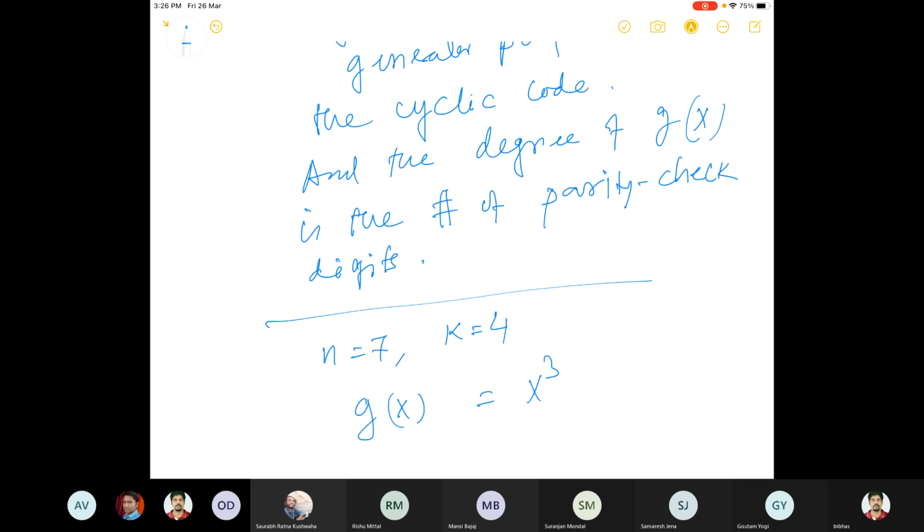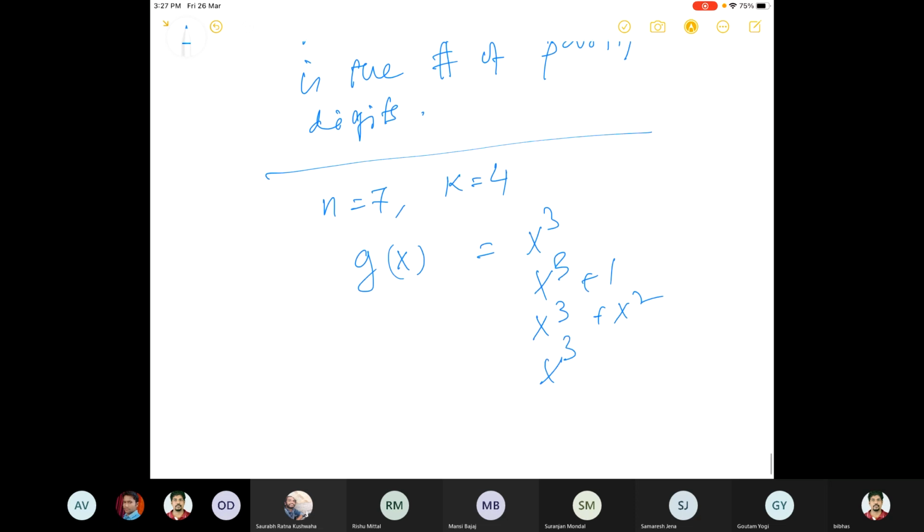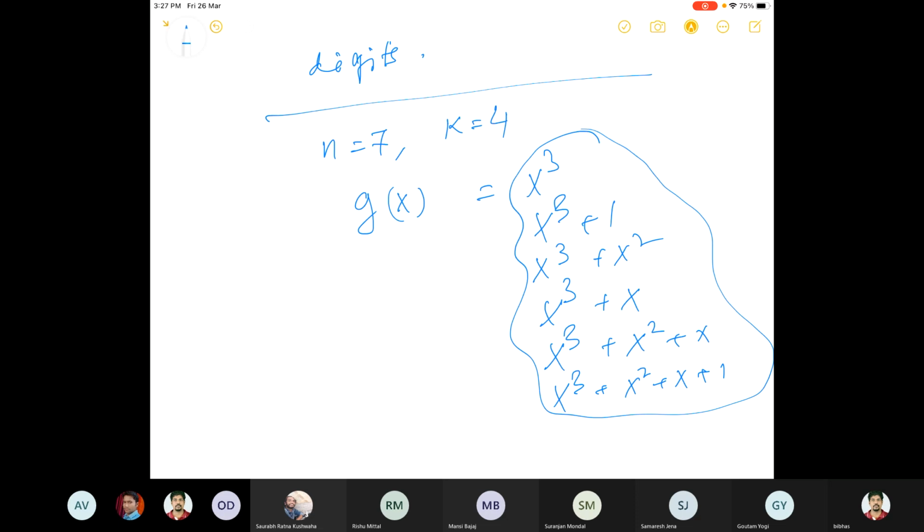If I consider any g(x) having degree 3, then the question is, how many can be there? g(x) could be of this form, this form, this form. What should I take among all this? Which one to choose? So we know the minimum degree given n and k, but we are still not sure what I should choose.